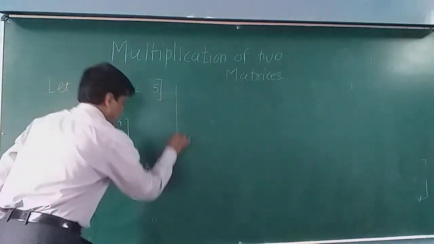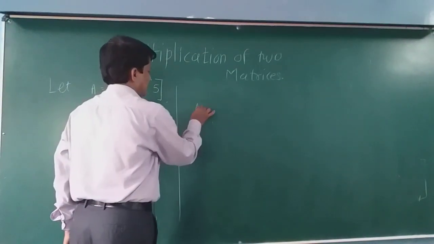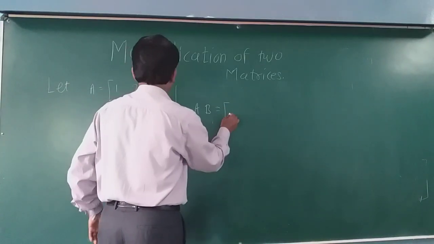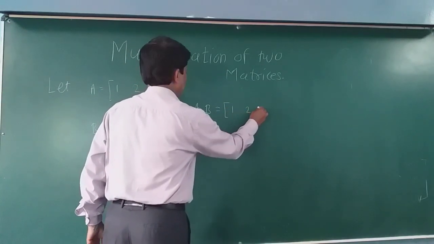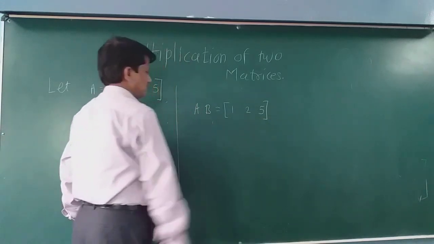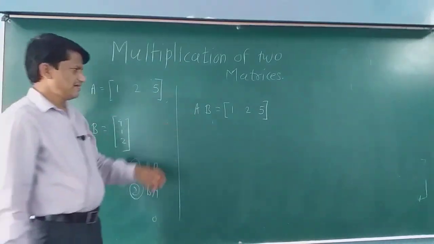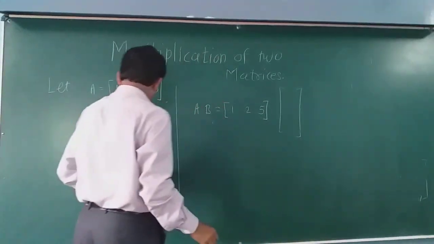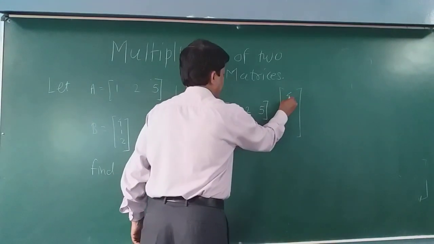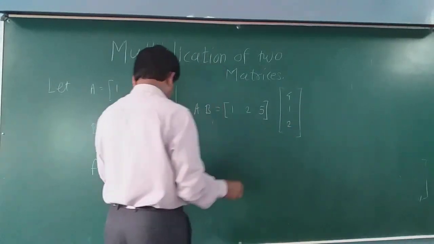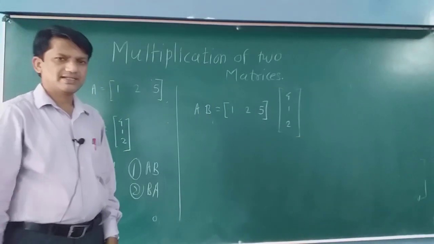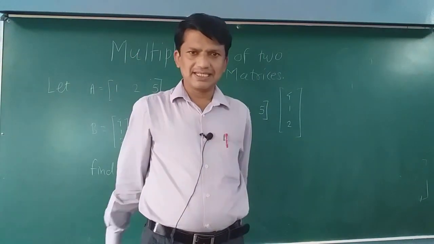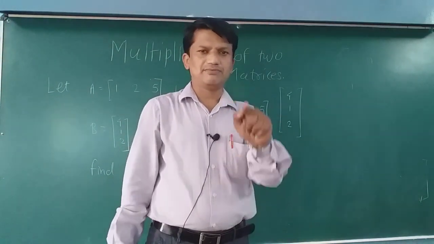Let us see for A and B. Here A matrix means 1 2 5. This is our first matrix, multiplied with another matrix, 4 1 2. This is our second matrix. Now according to our product rule, check whether the product is possible or not.